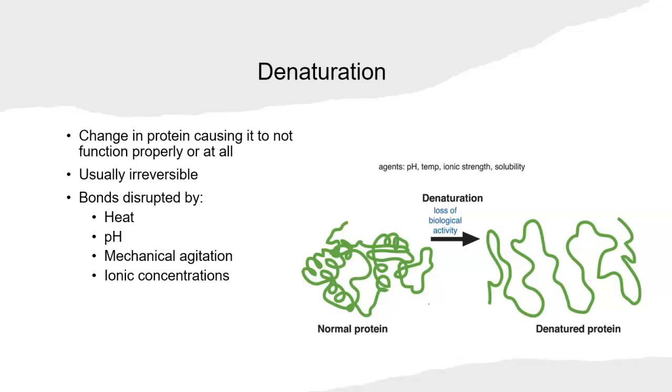So if you look at this image, let's say the normal protein is folded like this. We add an acid or heat to it, break chemical bonds within the chains. Now the protein no longer looks like it does, so it can't fit or do the job it is supposed to do. That protein has lost its ability to function.